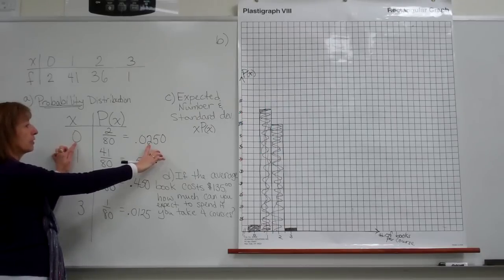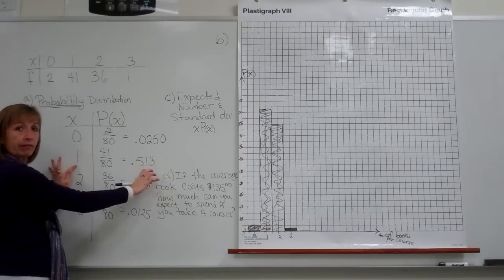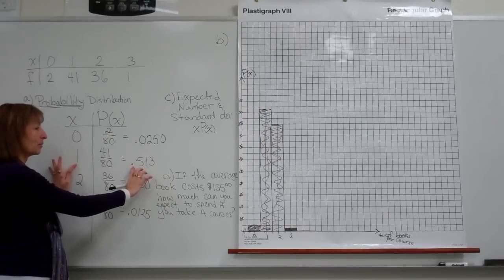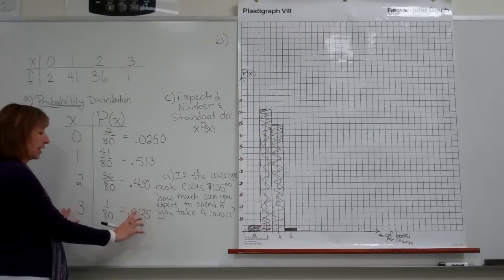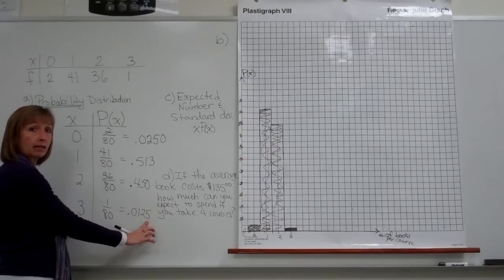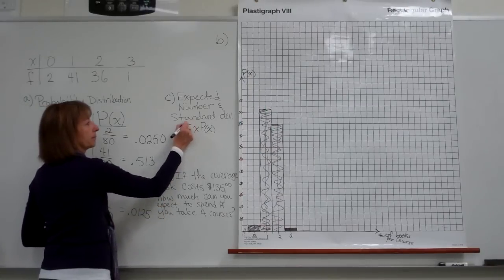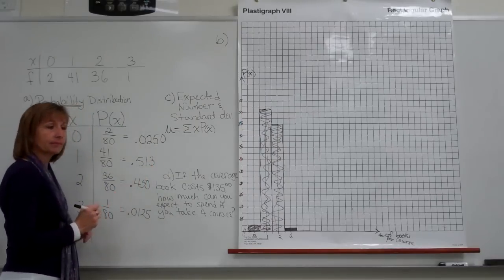So, you'll go 0 times 0.0250. Then you'll go 1 times 0.513, 2 times 0.450, and 3 times 0.0125. And once you get all those products, you're going to add them up. So that's your expected value or your mean.